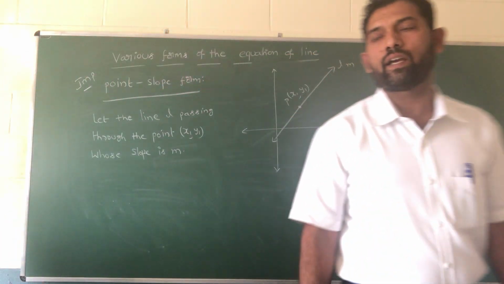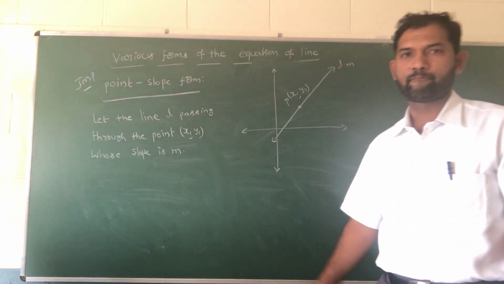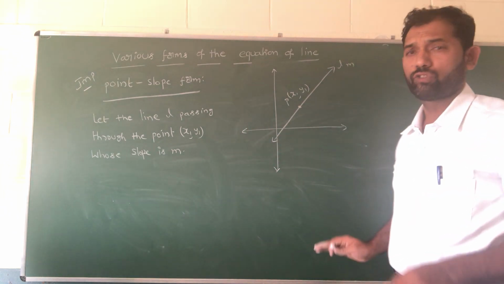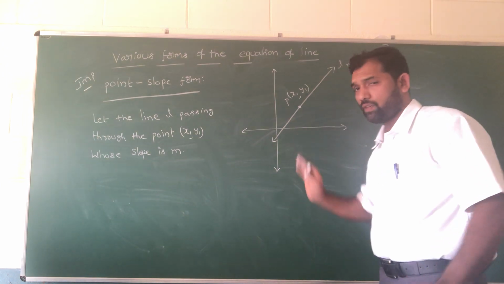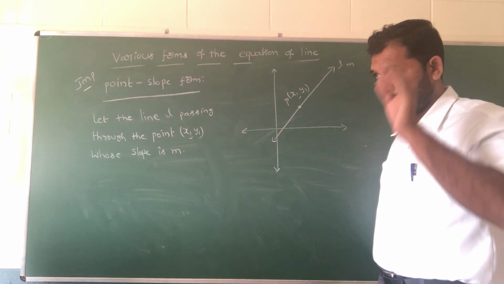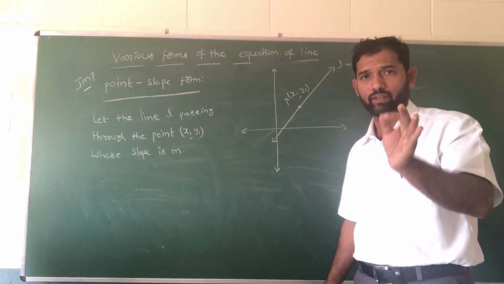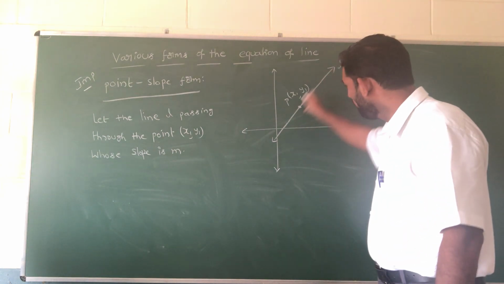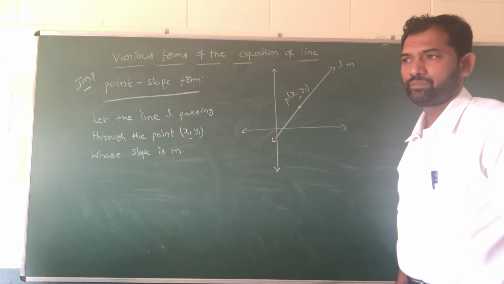Then what is the equation of line L? This is the given data. So what is the equation of this line? If they are given a point and slope, then you are going to simplify the equation of the line.